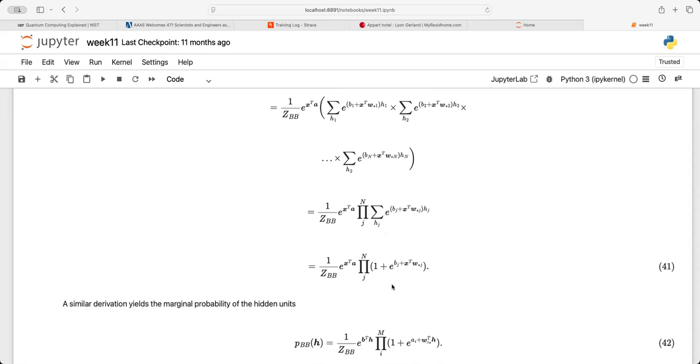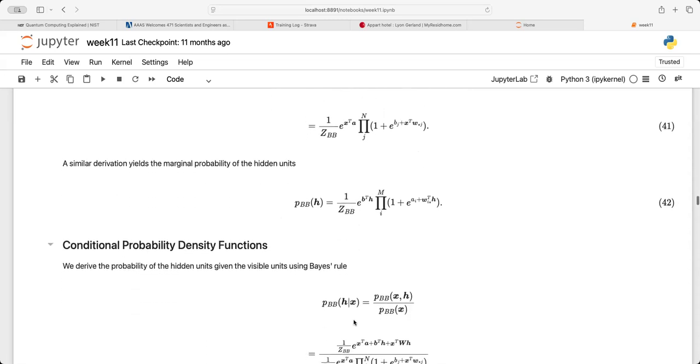Now, when we are calculating the probability of the outcome from a hidden mode, we need also the hidden marginal probability. So this is an exercise which is exactly the same as before. So then we can get that quantity. You can see that this is almost equal to the one which we get for the visible layer.